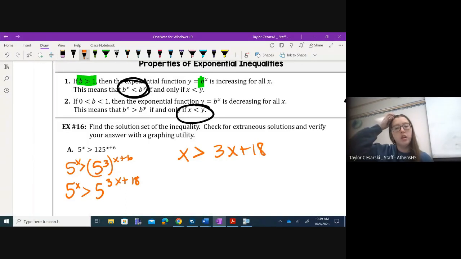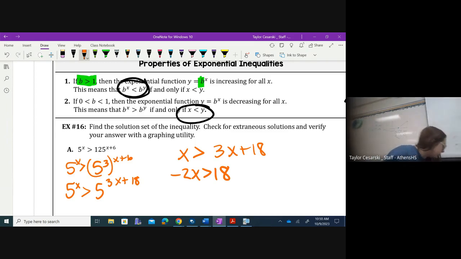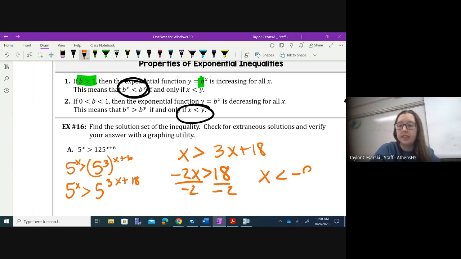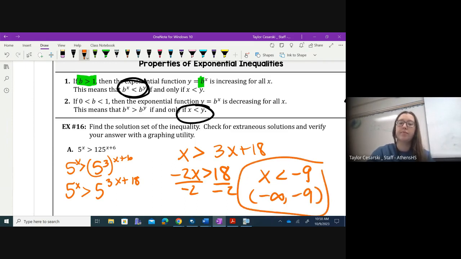I'm going to subtract 3x on both sides, and then divide by -2. Don't forget that if you are dividing by a negative with an inequality, the sign is going to flip. X is less than -9, or you could say -infinity to -9.